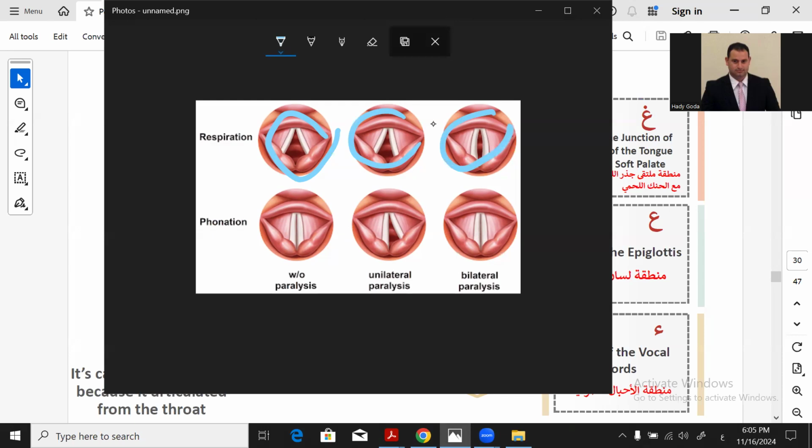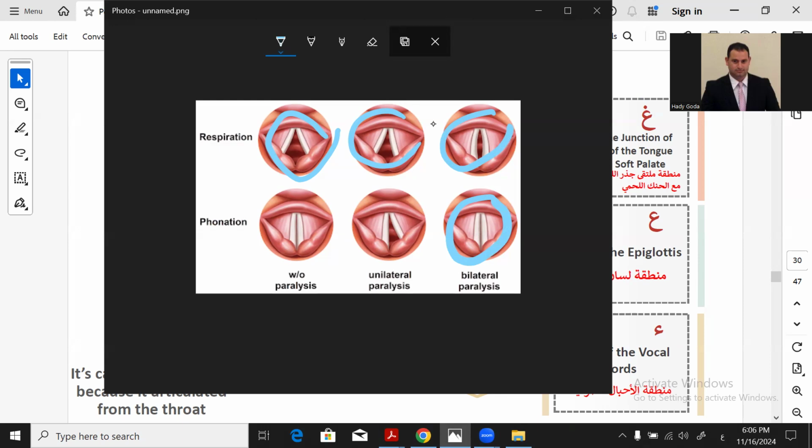But when we pronounce letter Hamza, the vocal cords are closed, like this one. This is the difference between the letter Hamza and the letter Ha.